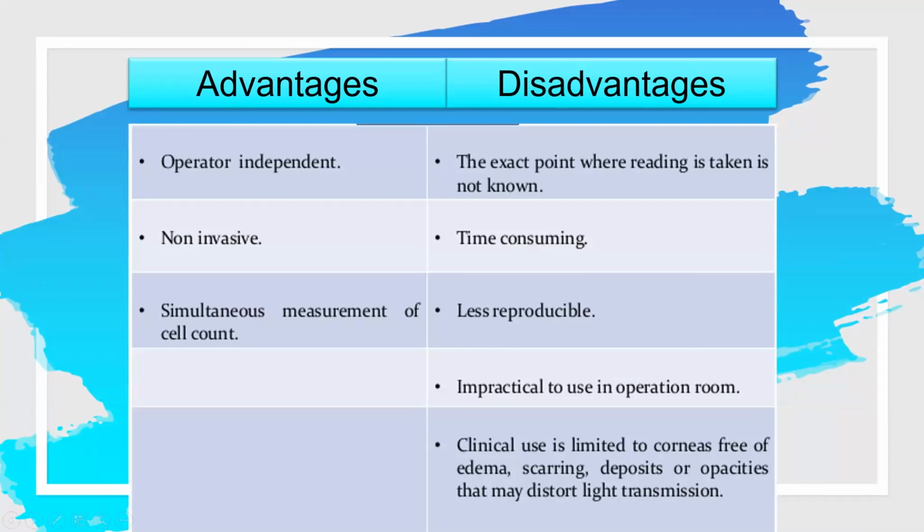But what are the disadvantages? You don't know the exact point where the central corneal thickness reading is being taken. So suppose you are measuring the same patient at different points of time, the readings might vary due to this problem.